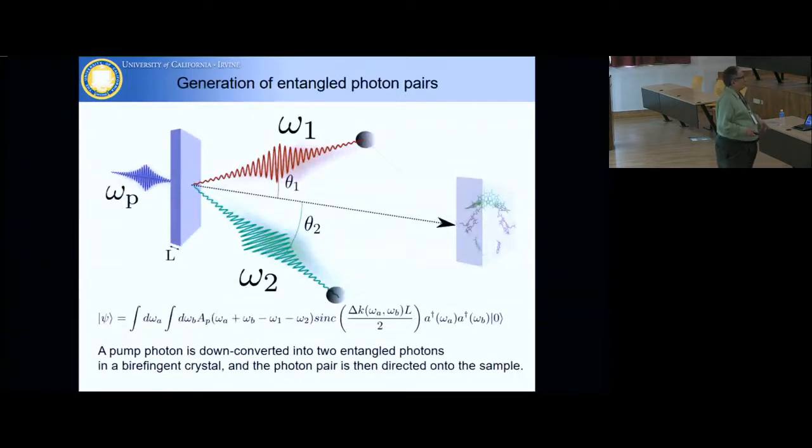So what is the twist that I want to talk about is what happens if I use a quantum light. And what can I learn with the quantum light that I cannot get with classical light? So we consider the following model of quantum light. This process is called parametric down conversion, where you come up to a nonlinear crystal with the frequency of the pump, and then it breaks into 2 frequencies, omega 1 and omega 2, such that omega 1 plus omega 2 equal to omega p.